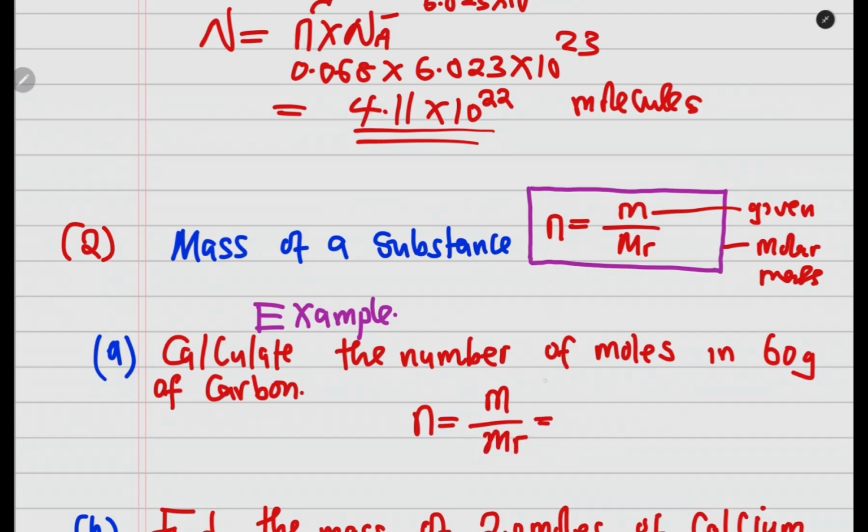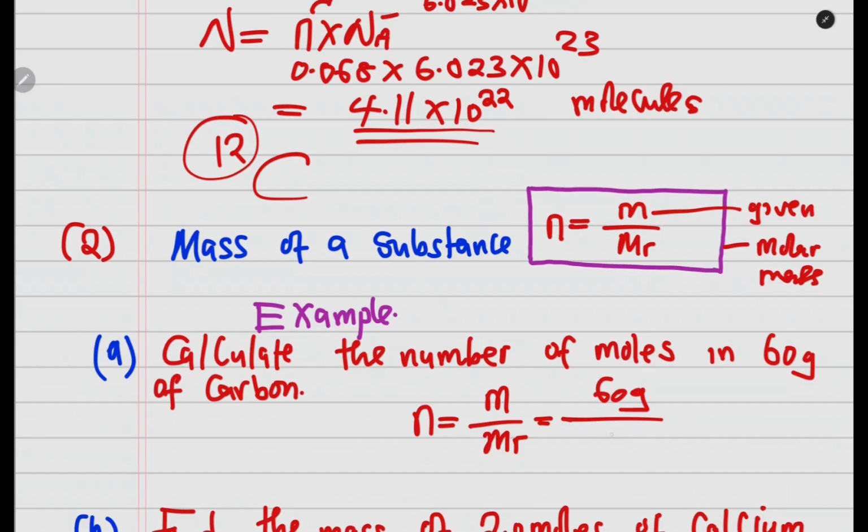Now, the given mass is 60 gram, divide the molar mass, we are talking of the molar mass of carbon. The carbon on the periodic table is C. Then on top there's a 12 there. So this is the relative atomic mass, but you give the units of gram per mole, making it the molar mass.